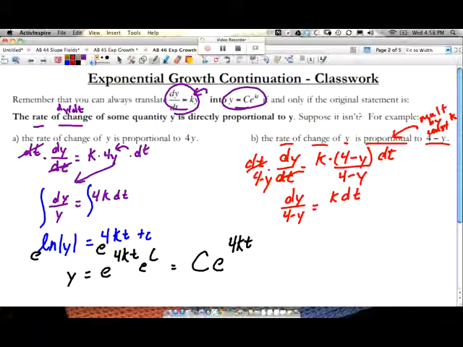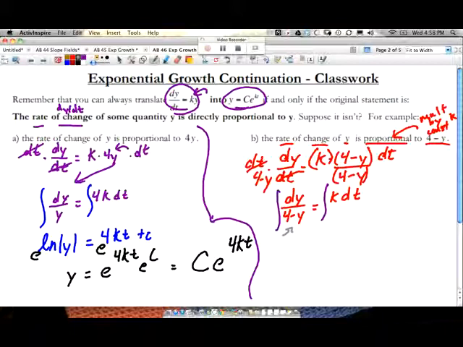And you might be asking yourself, did I have to move the whole 4 minus y? Kind of. I mean, you really did, because we can't just move the y, because this 4 minus y is like one term. It's grouped there. So the whole thing has got to come over. Now, if I were to take the antiderivative of this on both sides, on the left side, this piece down here is 4 minus y, so we're looking for a natural log.